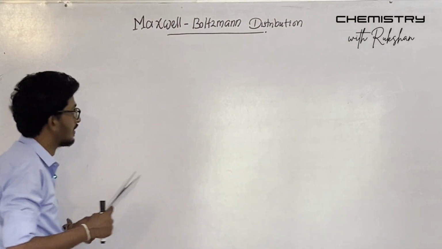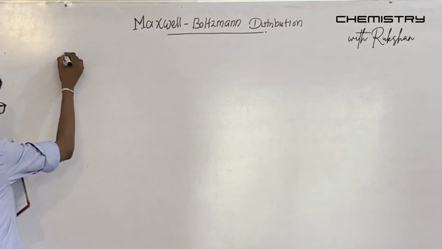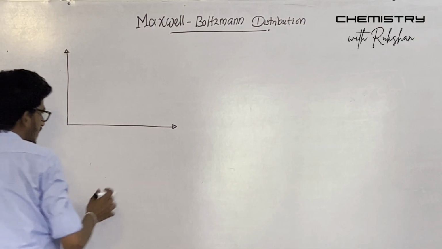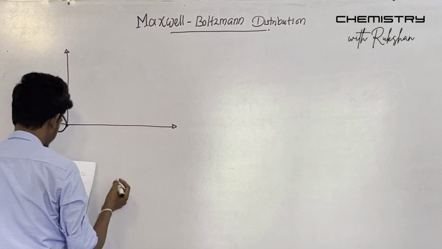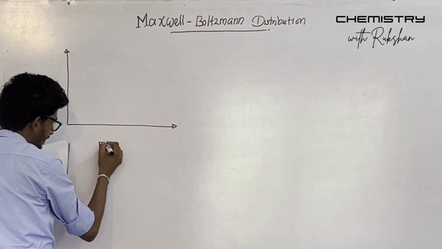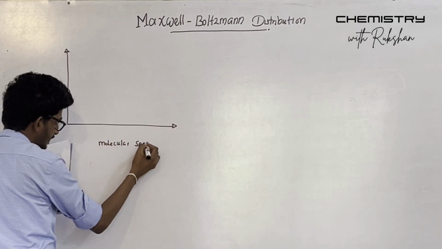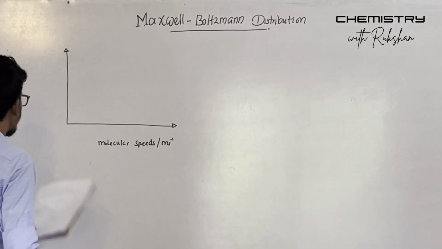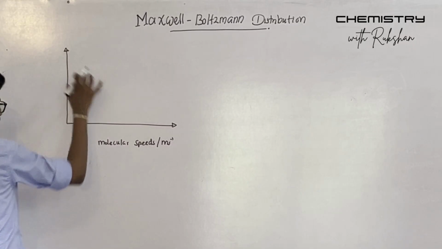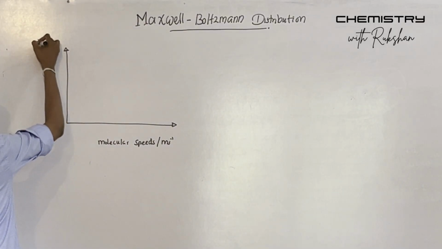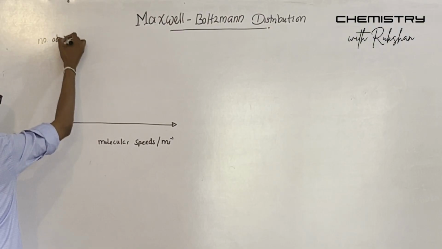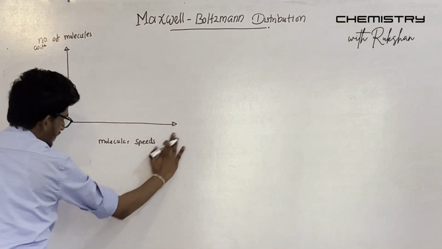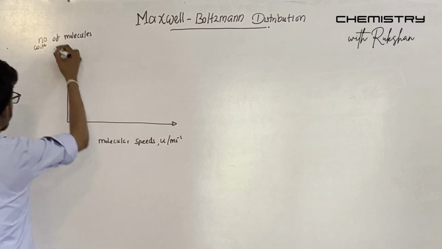Let's come up with the diagrams here. It is a graph where at the x-axis you have the molecular speeds in ms^-1, and at the y-axis you could have the number of molecules with this speed, let's take this speed as u.